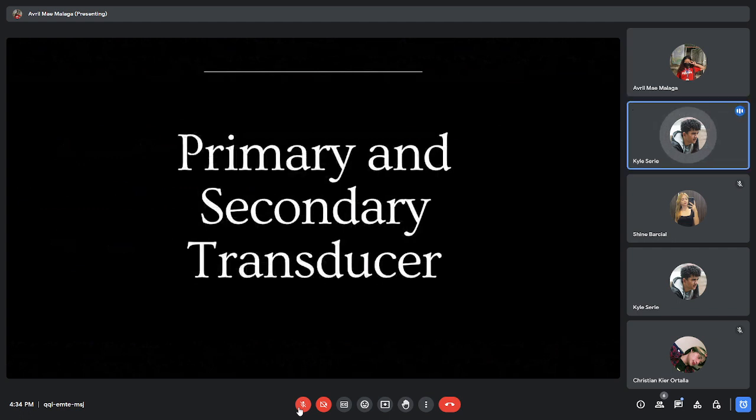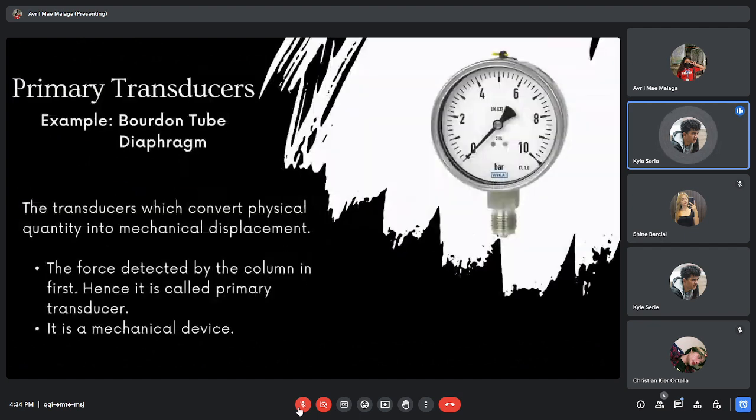Next is the primary and secondary transducer. Primary transducers are generally those that respond to an external stimulation and generate an output for that signal, while the secondary transducer converts the mechanical signal into an electrical signal.